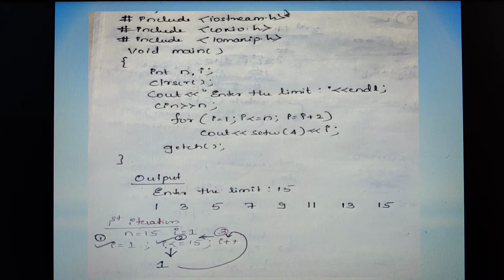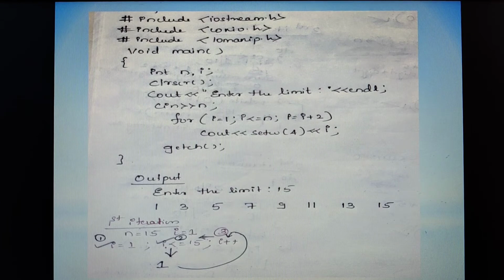And then why did I write I is equal to I plus 2? Why not I plus plus? What we want actually is to print all the odd numbers. Suppose if I write I plus plus, after 1 it would have become 2, where 2 is an even number and I don't want to print the even numbers at all. Therefore, I am incrementing the value of I by 2, not by 1. Understood?